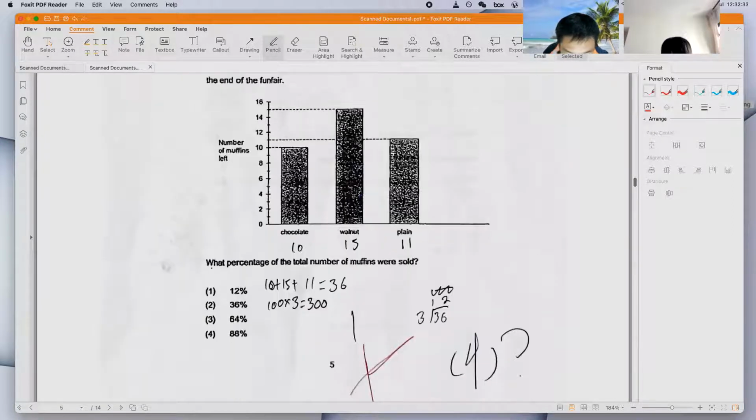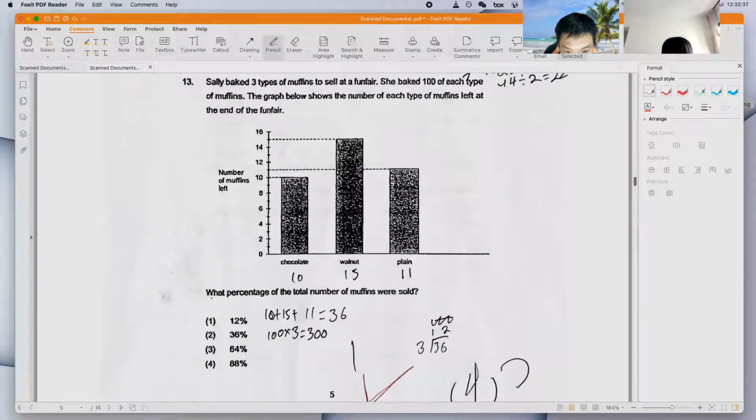Oh, okay. So what was wrong initially? Number of muffins left. So basically, you need to read the question. You assumed this one all sold, instead of left, you assumed sold, right?